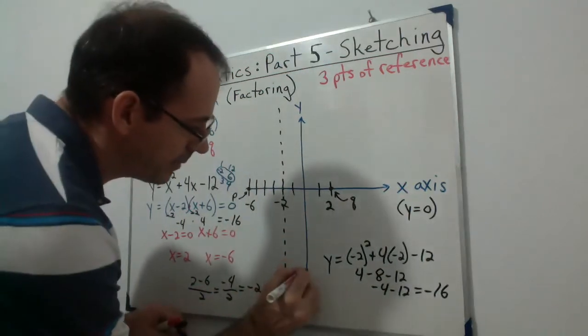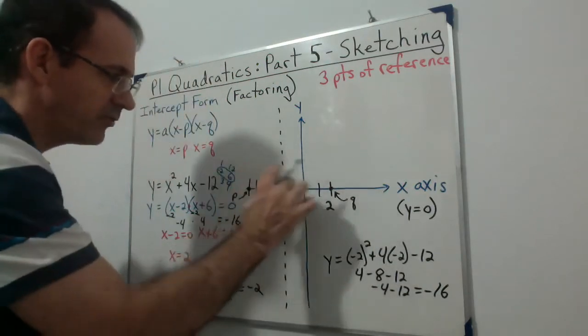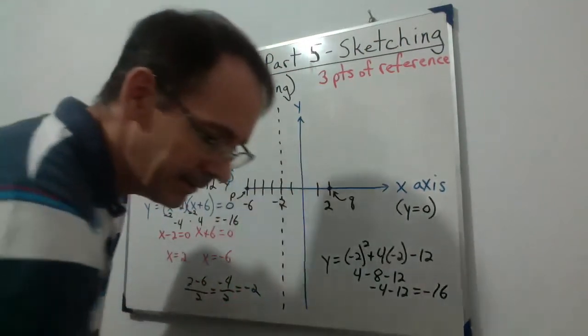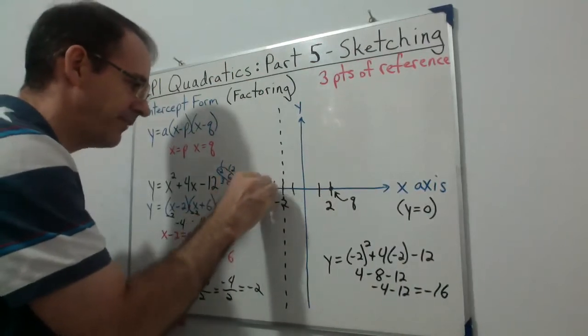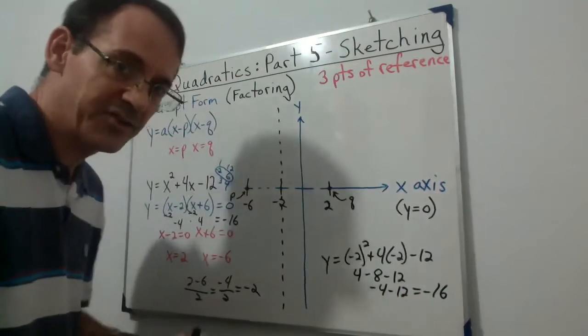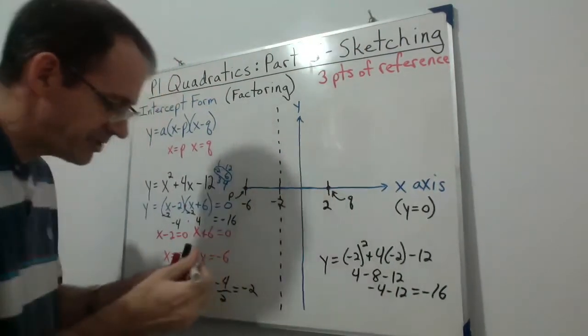Now the nice thing about a sketch is it's not really about accuracy. You don't necessarily have to put these 1 per 1 tick marks. You don't really have to even have these if you don't want. It's not about technical accuracy. It's about the general shape of the graph.